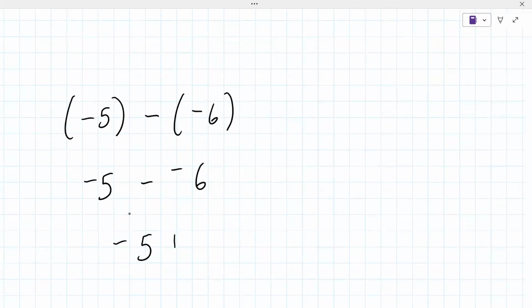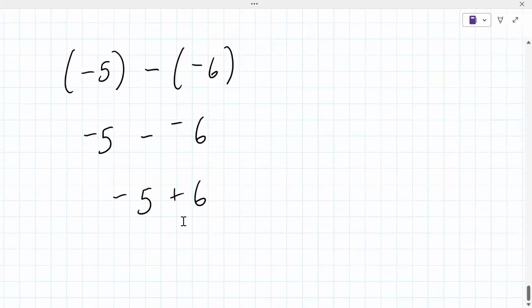So you do 6 subtract 5. That's actually correct. What does that become? 6 subtract 5 is 1, so it's negative. There you go. So you basically can drop the parentheses, but you have to keep track of the signs.